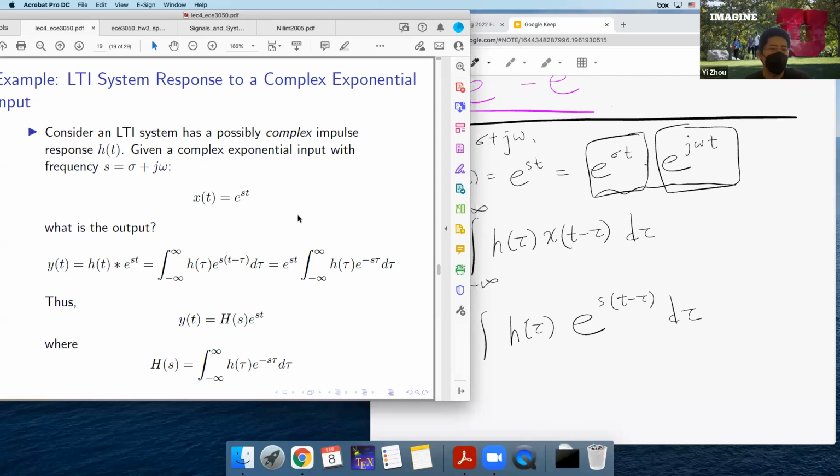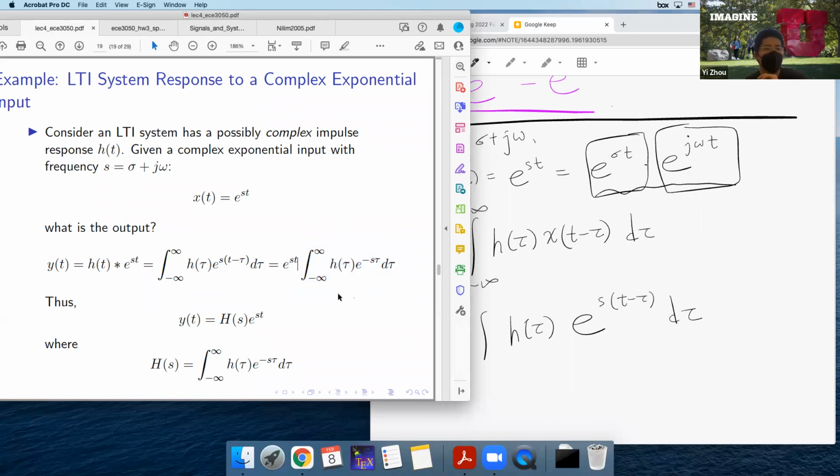So this is the expression for the output. When we feed this type of input to the LTI system, the output is exactly the input, which appears here as a coefficient, multiplied by some value given by this integration. This integration is a very fundamental quantity that only relies on the impulse response and the complex frequency s that we are looking at.